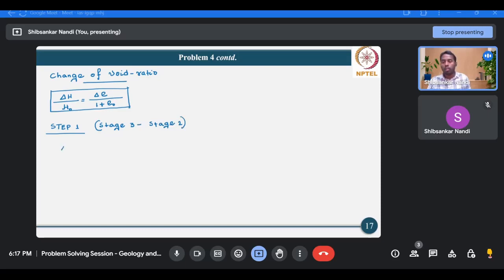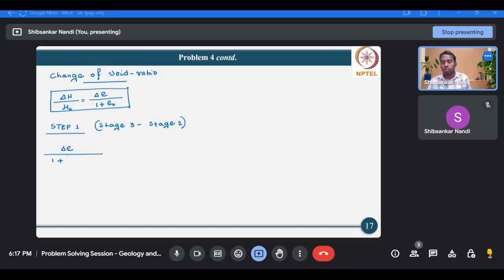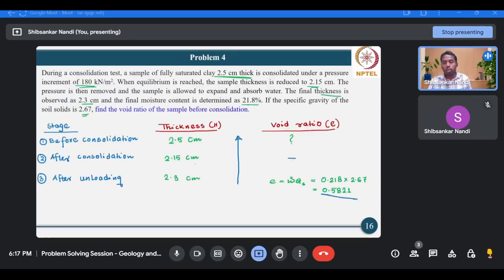Now here delta E divided by 1 plus E0, the E0 value will be 0.5821, would be equal to delta H by H naught. Now what is the change between these two stages? That is 2.3 minus 2.15.